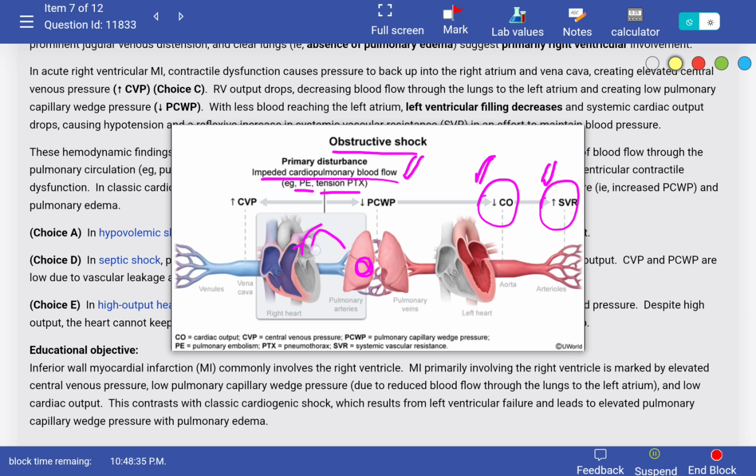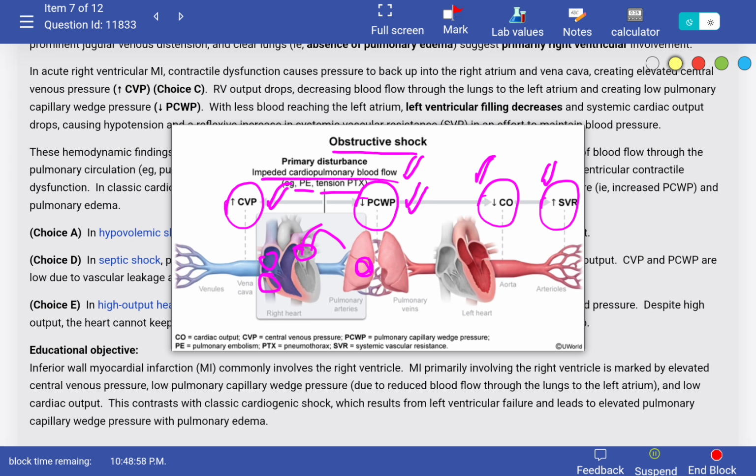So if there is no or less blood flow to the left atrium, pulmonary capillary wedge pressure would be decreased. But as we know, this fluid will be accumulated in the backside, in the right ventricle, then in the right atrium. So the central venous pressure would be increased, right?